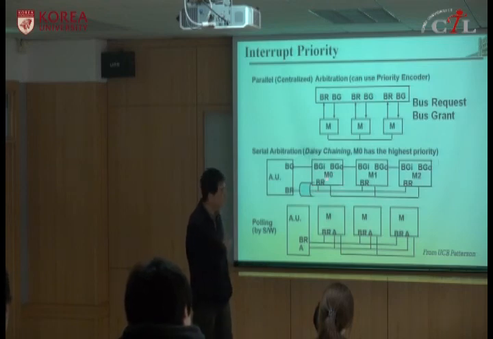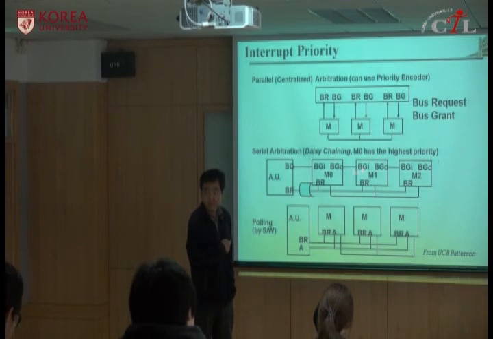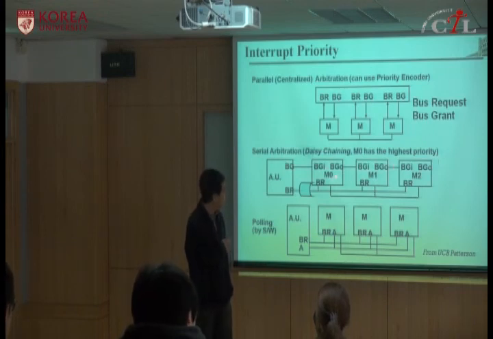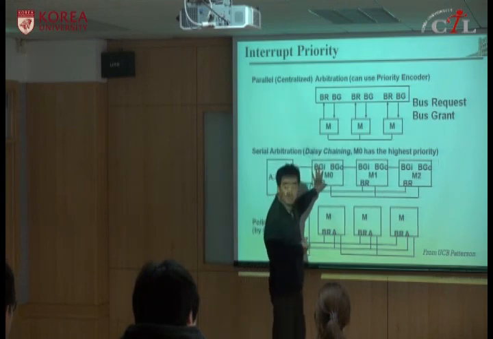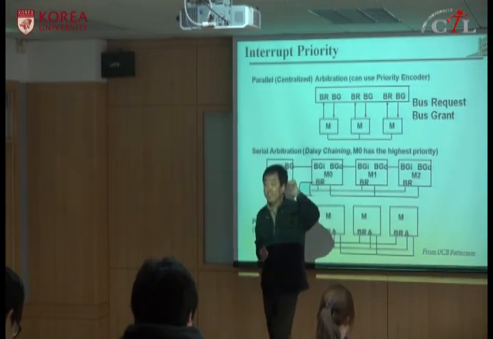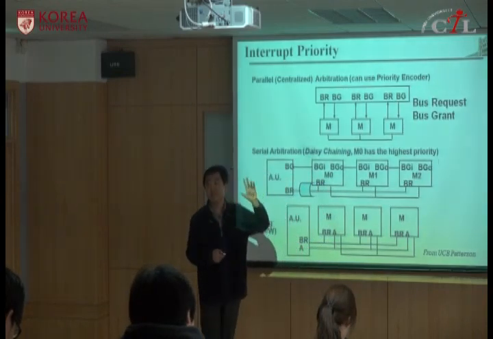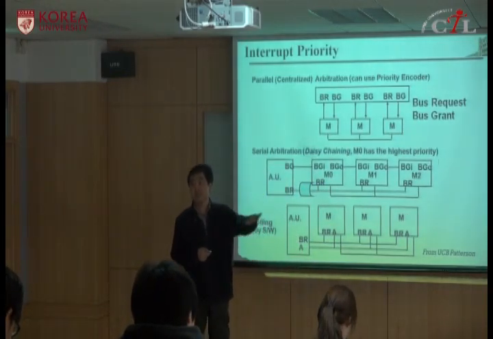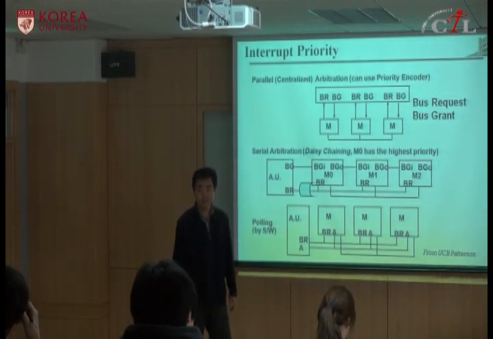If this device has requested, you grant this device first. If the device has not requested, the grant goes to the next device and so on. Okay, this goes serially. So in this chain, the first one has the highest priority. This is second highest, third highest, and so on. This is called daisy chain. This is basic computer architecture undergraduate level.